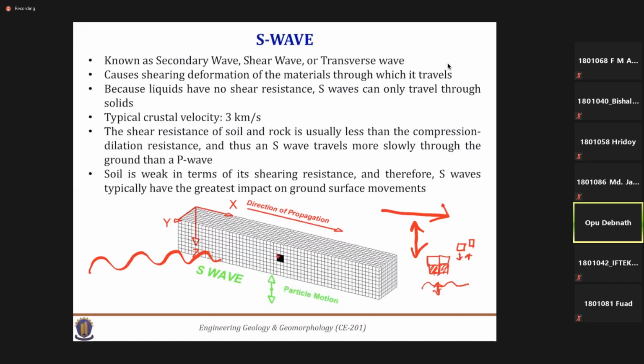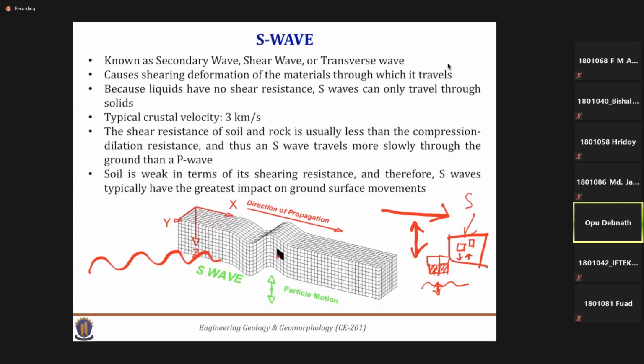So this is the characteristic. For solid media, the medium will face shear. This is the characteristic of shear. So the medium along which the S wave is propagating will face shear stress.